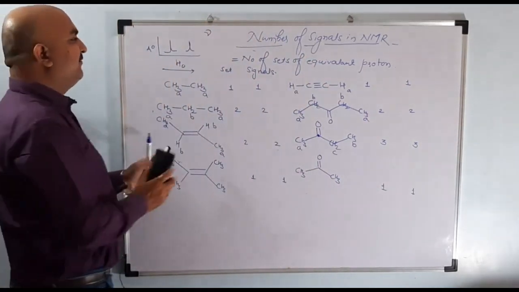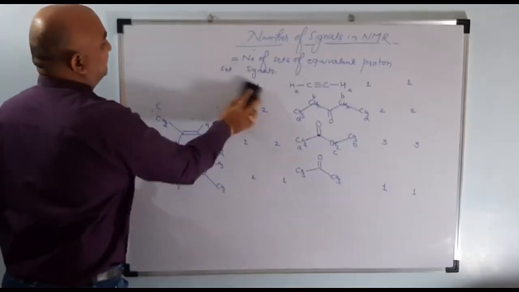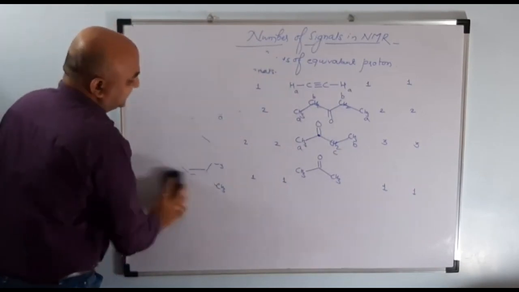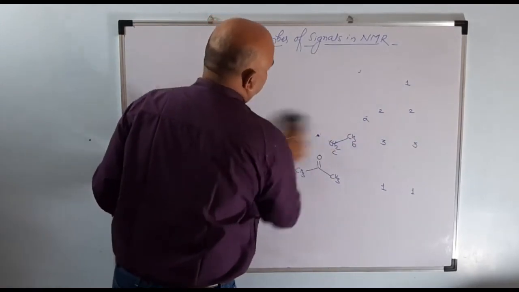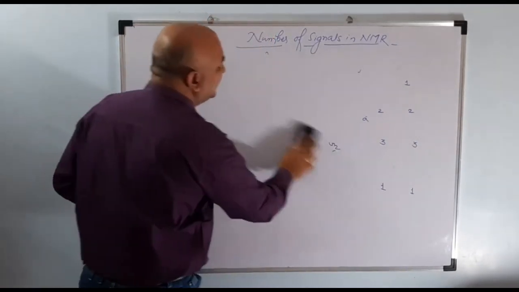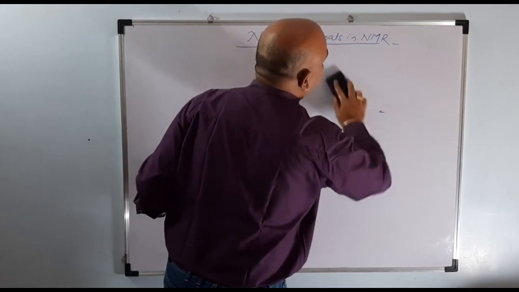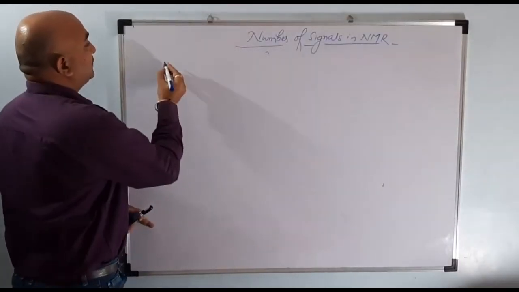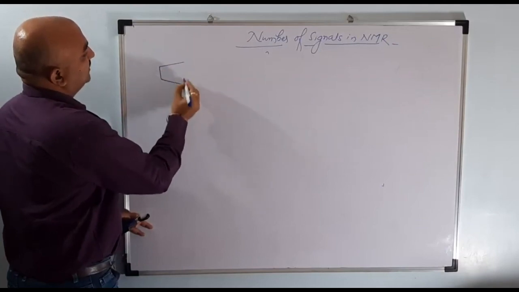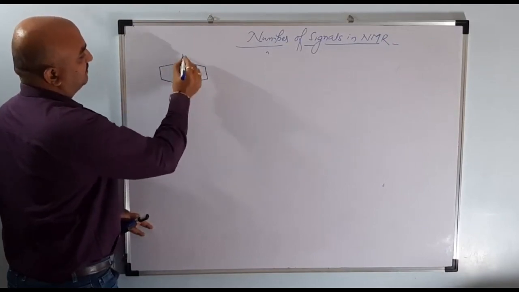Now when these examples are related to normal simple hydrocarbons, we get them very easily, but when they become aromatic hydrocarbons, the examples become very interesting. For example, consider such a type of compound.